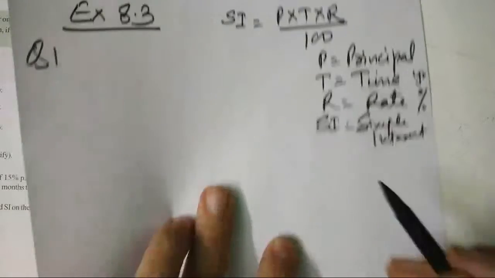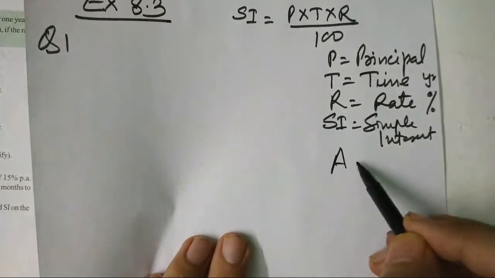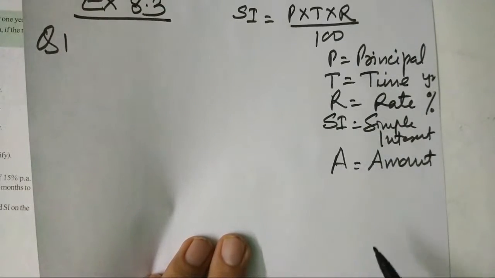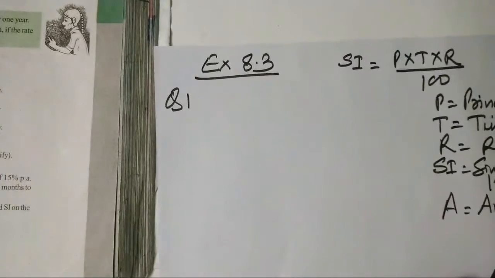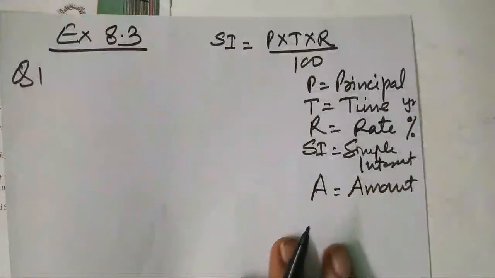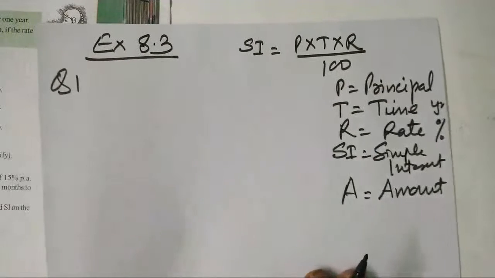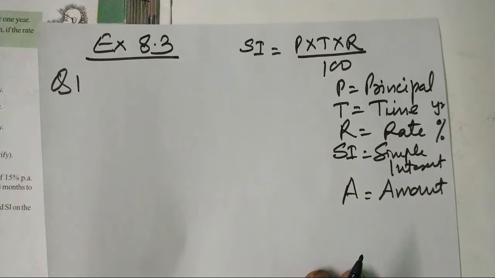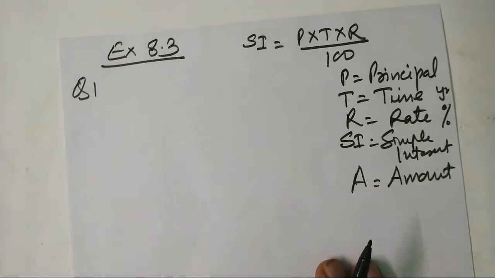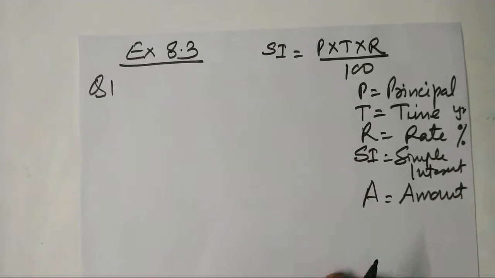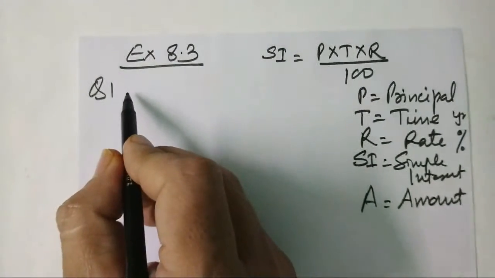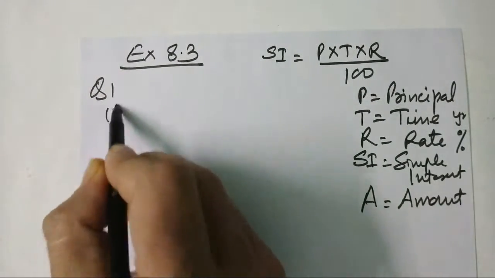Then we will use another term which is called the A or the amount. When you will solve this question, you will understand it better. These are the terms which we will use, and how are they used, that you have to see. So in 8.3, the first question is calculate the amount and compound interest on the first part, which is given.